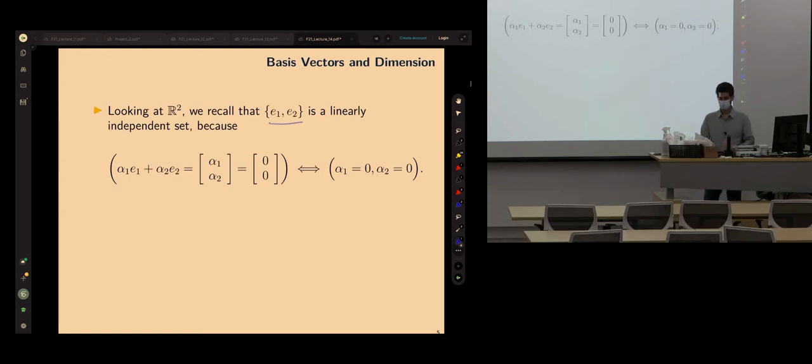Because if you take any linear combination of these vectors, such as alpha 1 times E1 plus alpha 2 times E2, which will give you alpha 1, alpha 2 equals 0, the only possible solution here is that alpha 1 and alpha 2 must be 0.